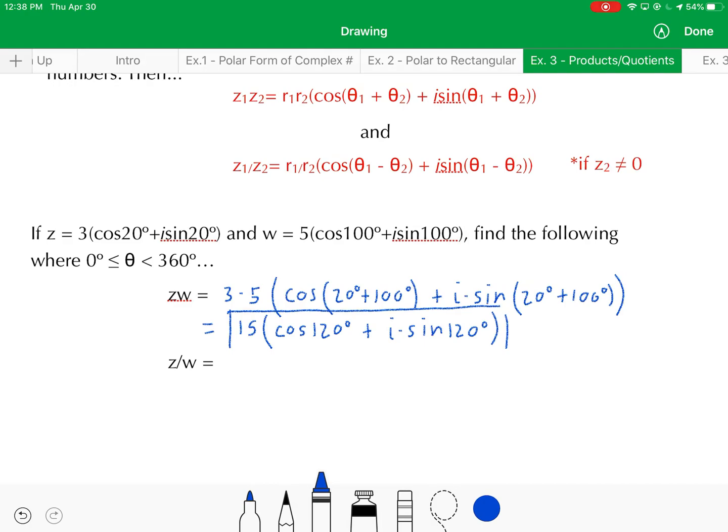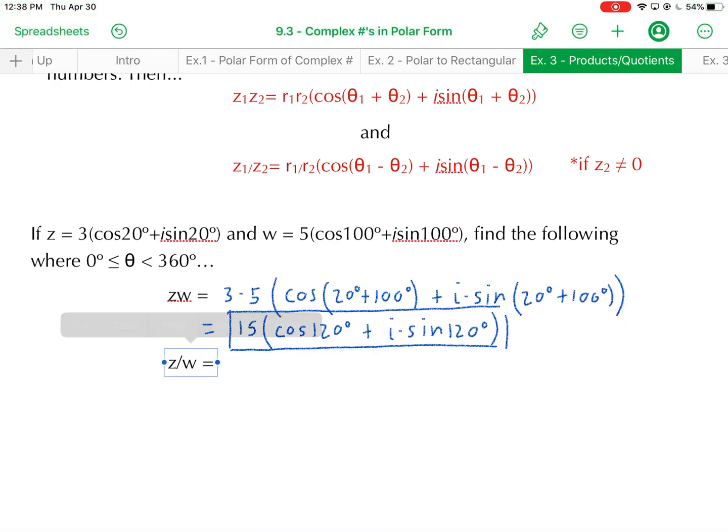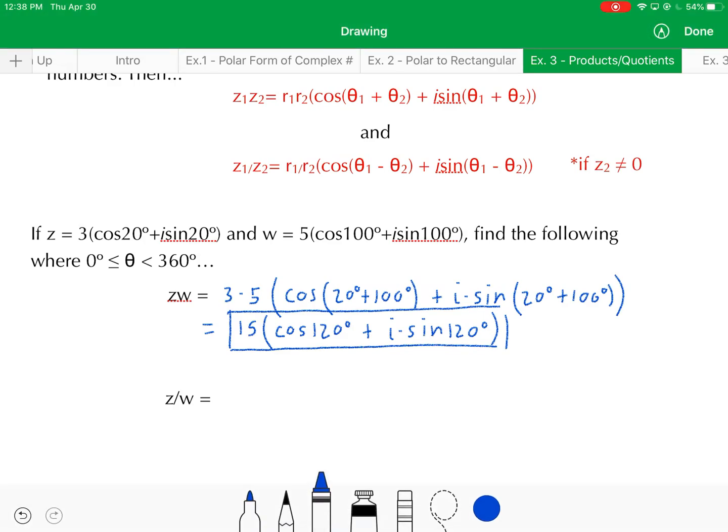All right, now if I want to find the quotient between those, let me give myself a little more room here. I'm going to move this down a little. Okay, so very similar. I'm just going to take the modulus from z, which is 3, and now divide it by the modulus from w, which is 5.